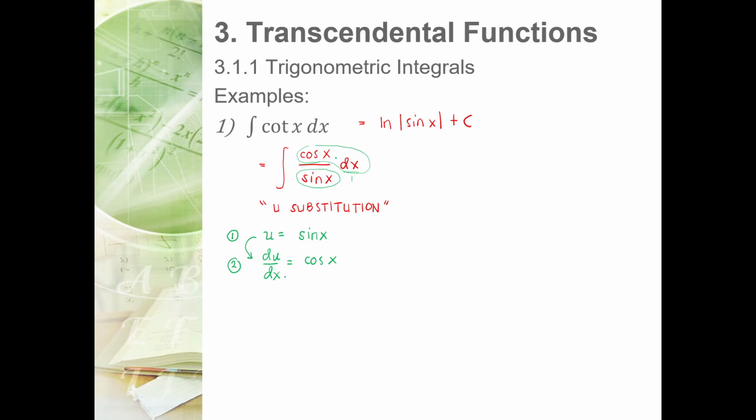So what I do here is I just multiply dx to the other side, which gives me du is equal to cosine x dx. So notice now that this becomes my du parameter, and this one becomes my u parameter.